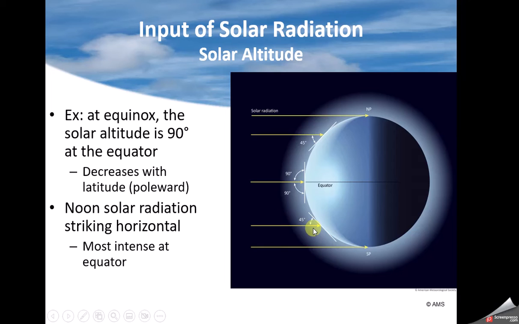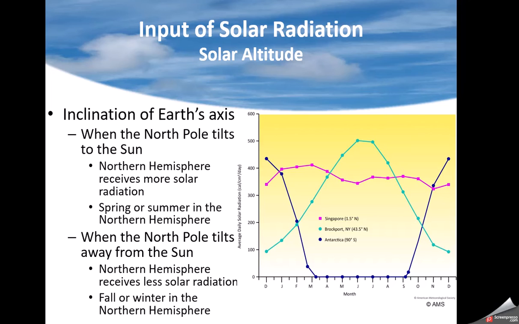You could literally put a beam of light out there, a flashlight, and see that at that angle it just spreads out much further. And here you can actually see the amount of radiation that we receive. Notice, up in the Antarctic area, 90 degrees south, there's nothing. In the wintertime there, they receive absolutely no solar radiation.